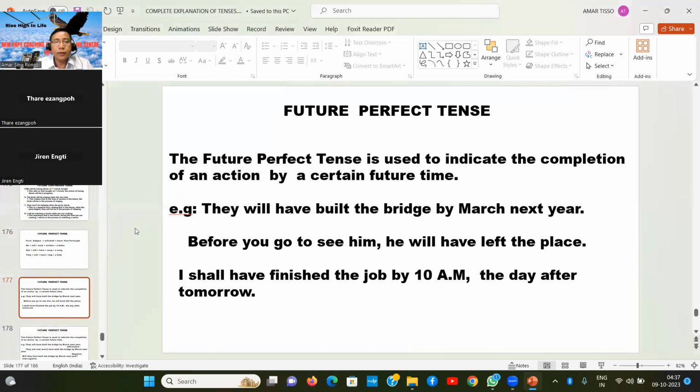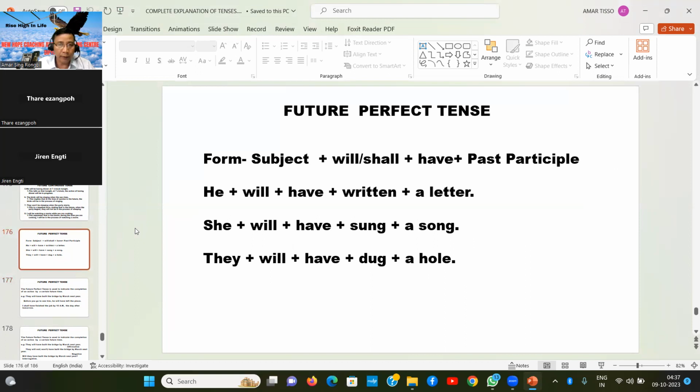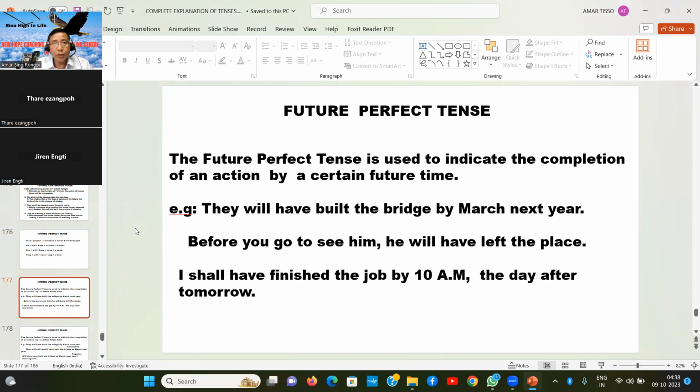Okay. So when do we use it? Now we know the forms already, the form we have learned. Now let's see the usage. For what purpose do we use the future perfect tense? The future perfect tense is used to indicate the completion of an action by a certain future time.